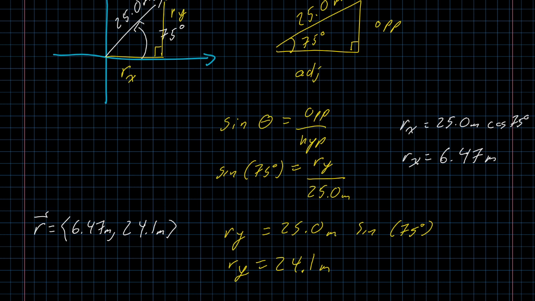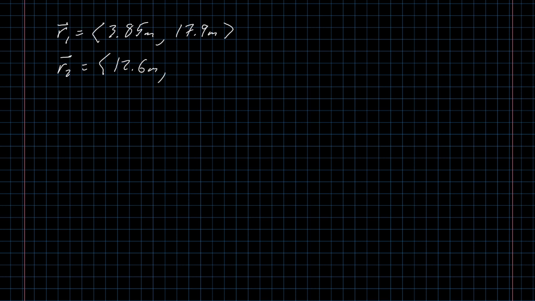Once I have my vector in components, I can do things with it. So we already saw that we can kind of sort of add our components together, and that's exactly how it works. So if I have 2 vectors that are given in components, R1 is 3.85 meters and 17.9 meters, and R2 is 12.6 meters and 9.81 meters.